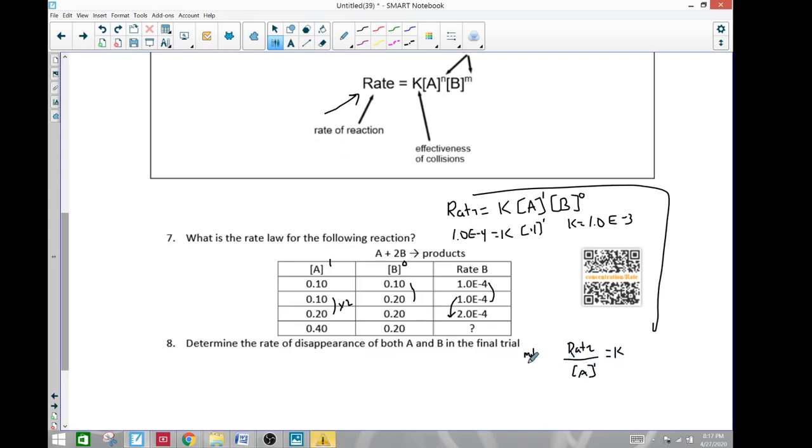Moles per liter per, it's not giving me a time, let's just put seconds. So it's going to be molarity per second divided by molarity. And that's just 1 over seconds, or 1 over some unit of time. So 1 over seconds. Okay.